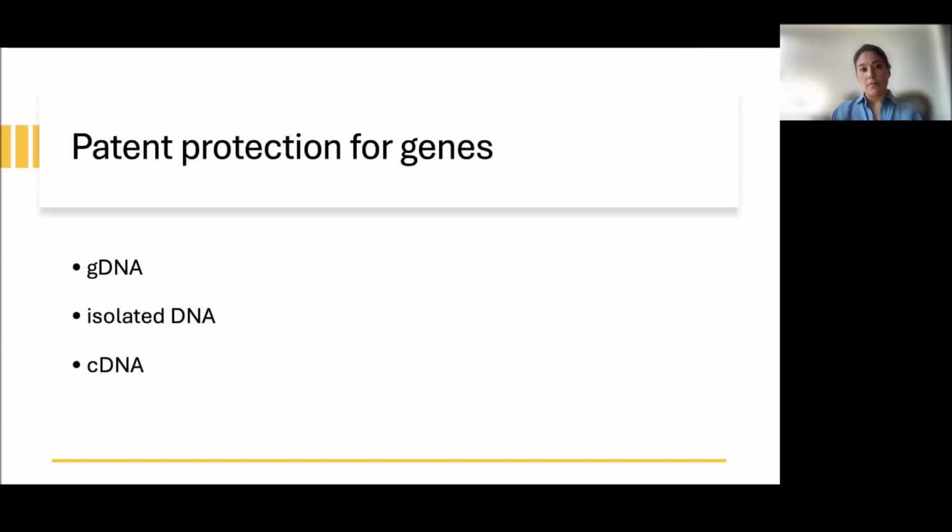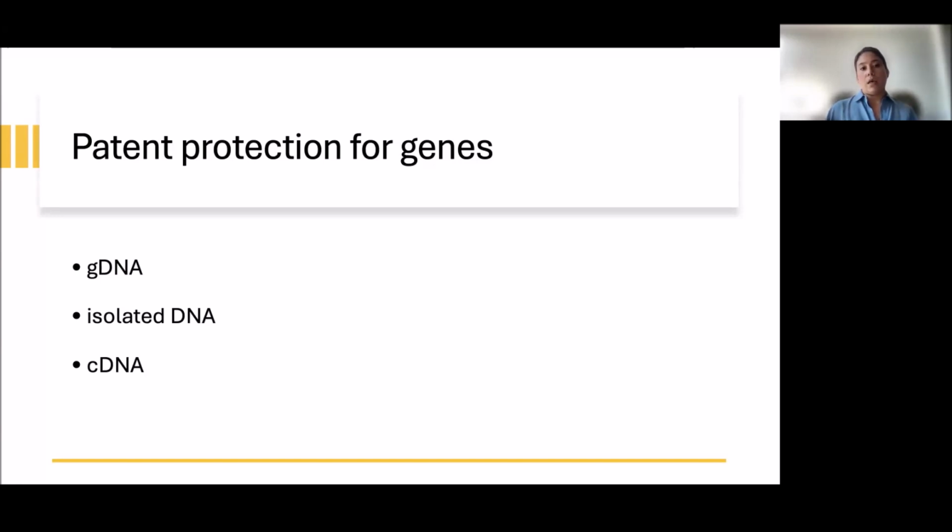So I would like to talk about a case called Myriad that was litigated firstly in the US and then in Australia, which had a huge impact because it was related to patent protection for genes.